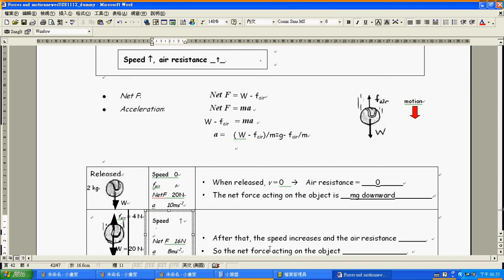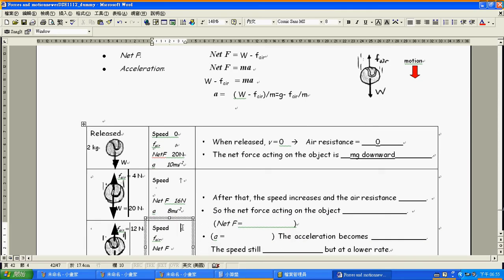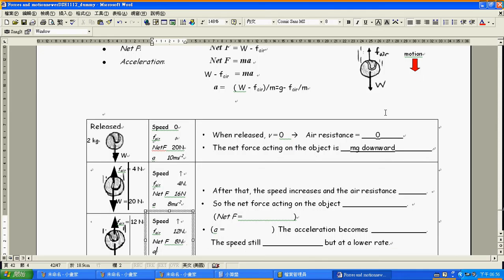And the friction from air increased to, say, 12 Newton, and therefore the net force will be decreased to 8 Newton this time, and hence the acceleration becomes, say, 1 meter per second squared.